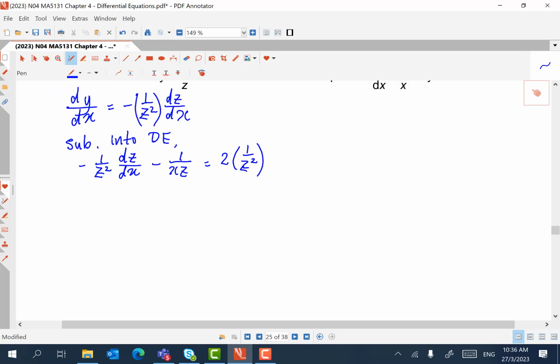And then I'm going to tidy up this line to become dz dx plus, okay, Arohi, if you read my mind, what do I have on the right hand side?